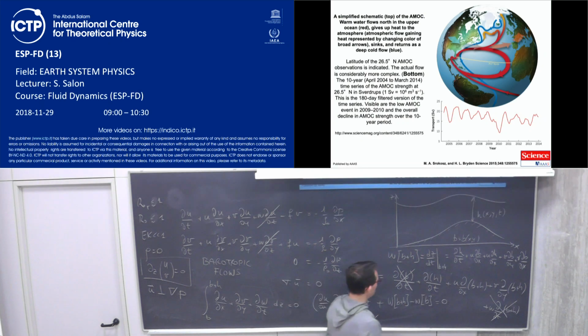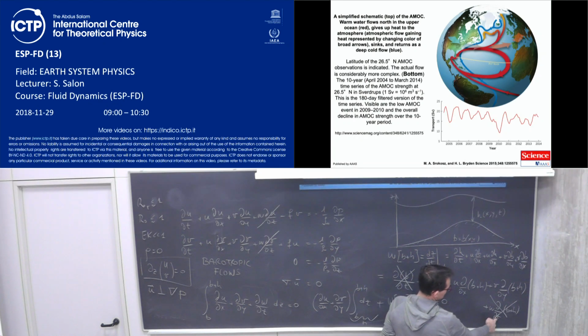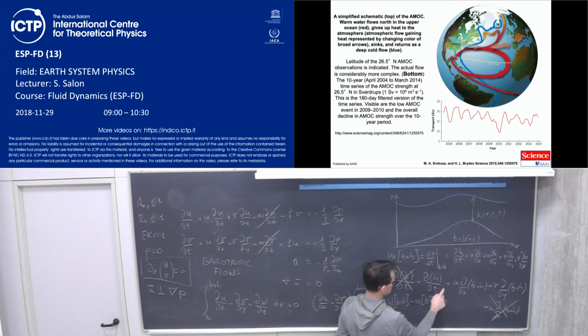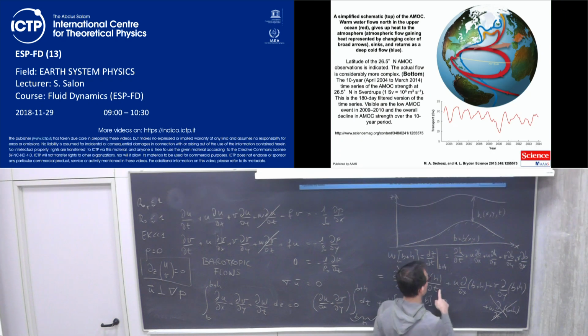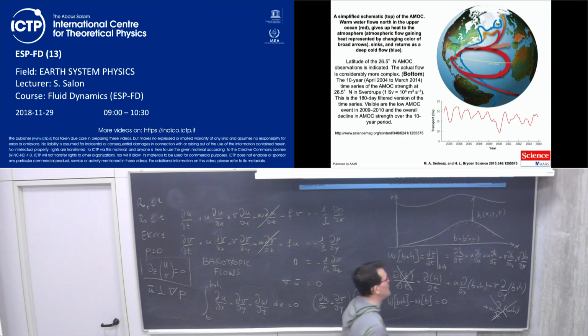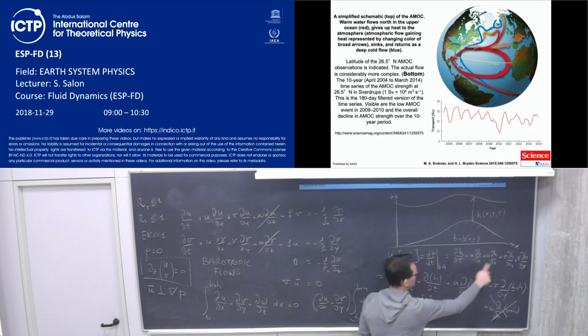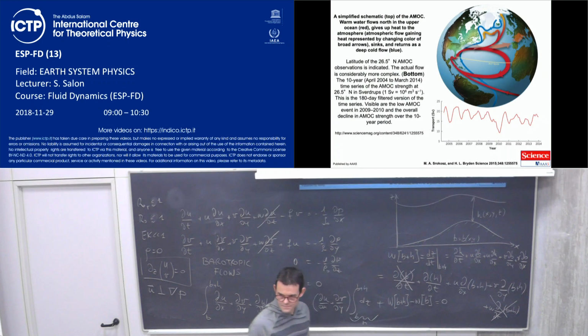B is independent of t, and B and h are independent of z, so I remain only with the local derivative in t of h, and the two horizontal advection terms applied to b and h. It's not important, we are going to arrive at the result. Then you have time to review all the mathematical passages.